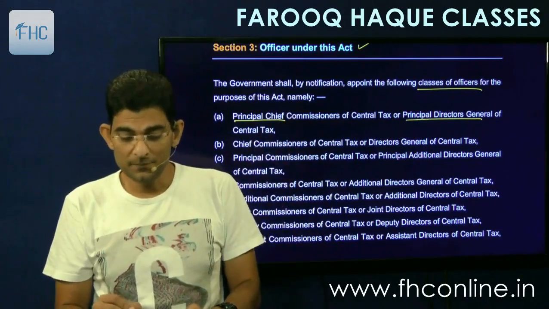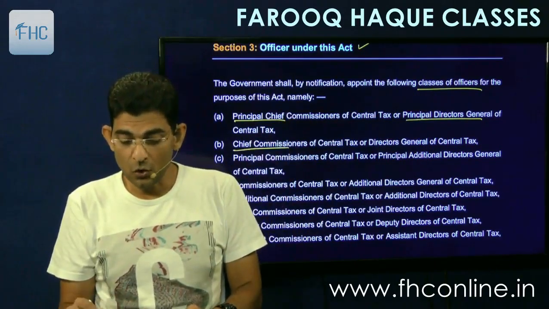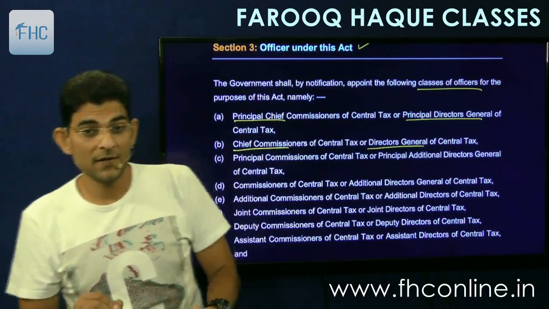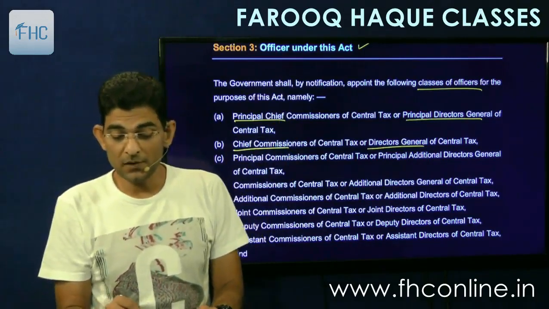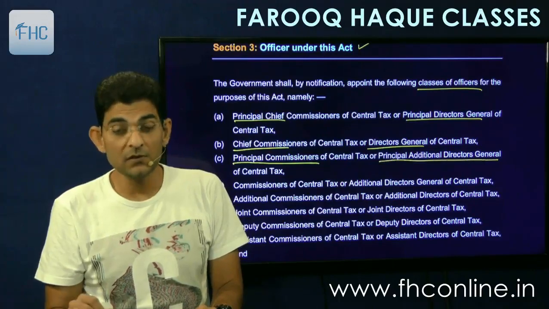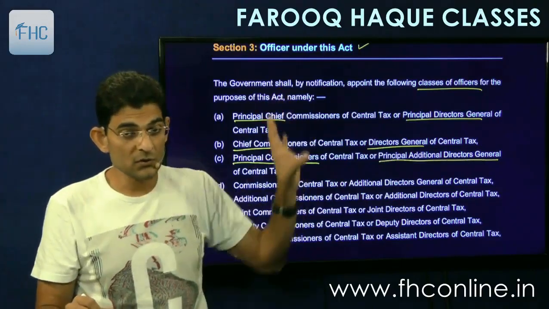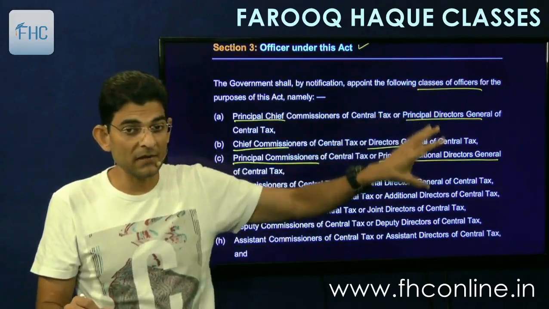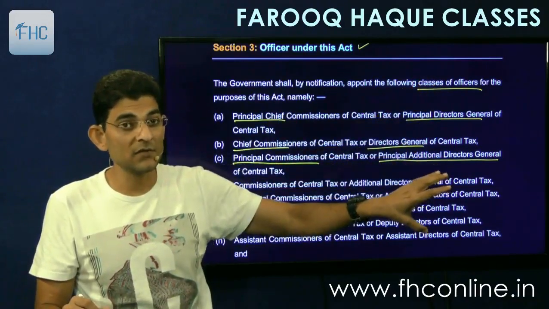So Principal Chief Commissioner, then Chief Commissioner or Director General, then Principal Commissioners or Principal Additional Director Generals. This is the assessment wing, and this is the parallel wing called the investigation wing.